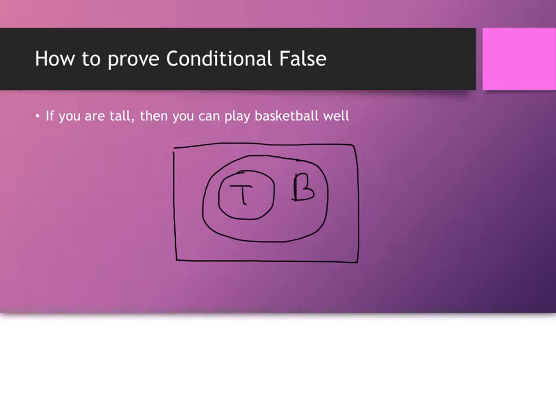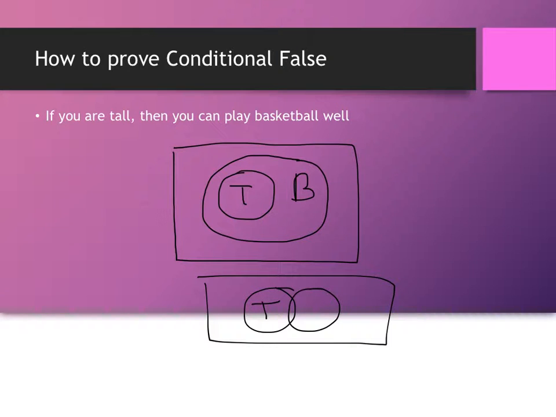So basically all we have to do is find one tall person who doesn't play basketball well. In other words, we just have to show that there's a tall person.